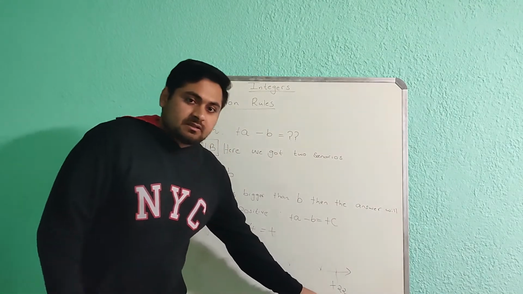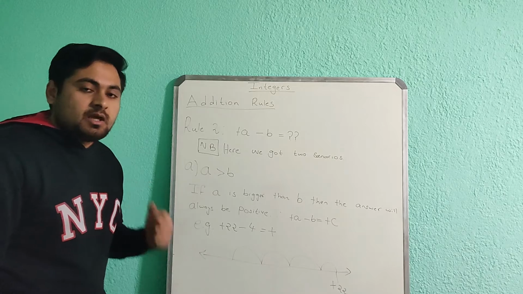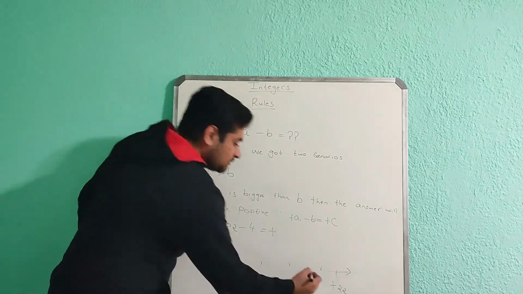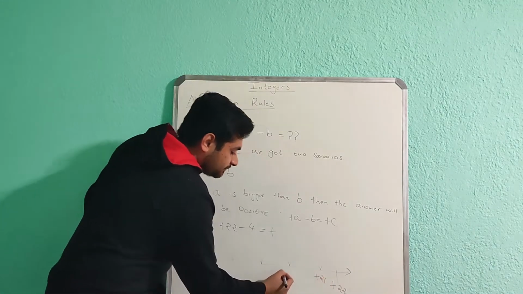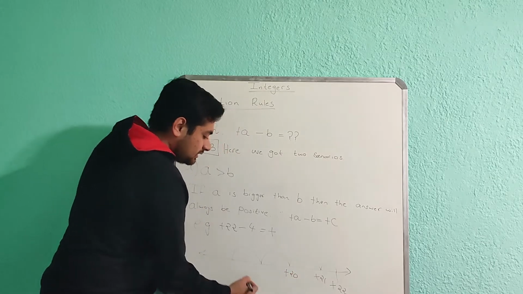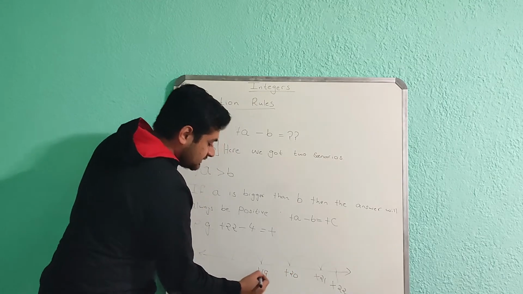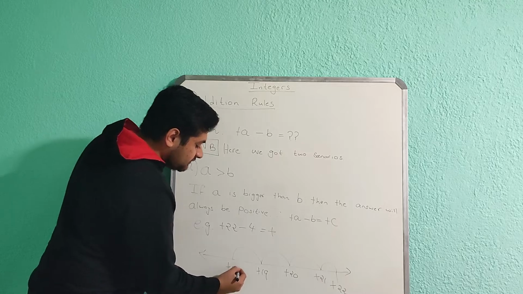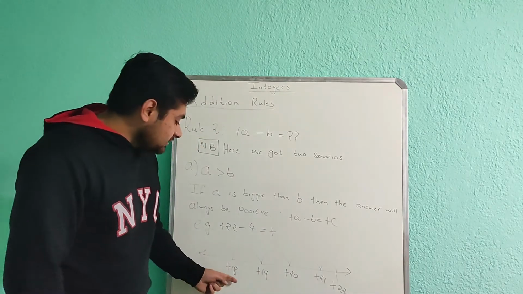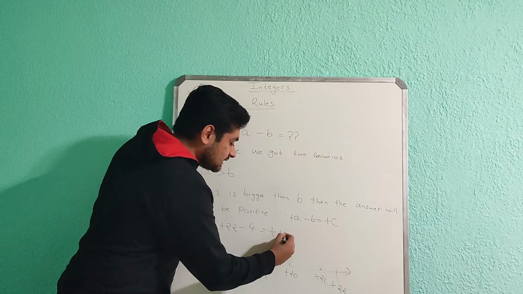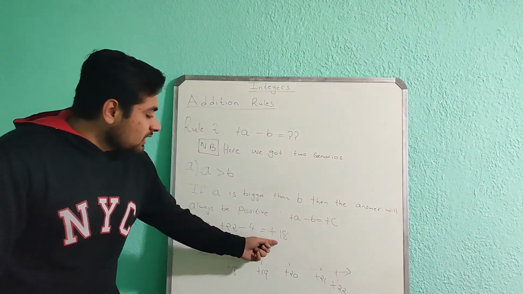What are the numbers left of positive 22? They are decreasing, so we got positive 21, positive 20, positive 19, and positive 18. So our answer is positive 18. As you can see, we were already aware of our sign.